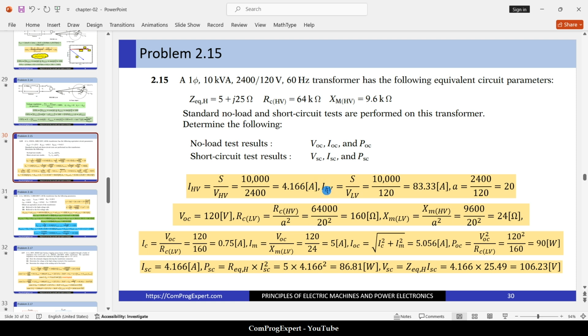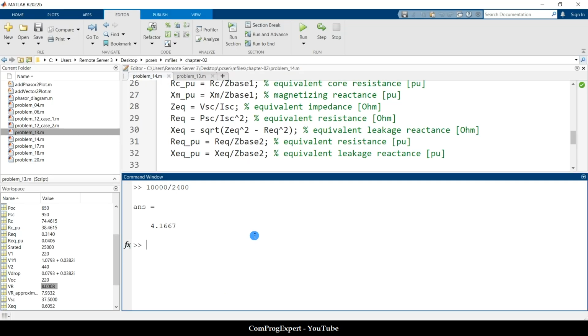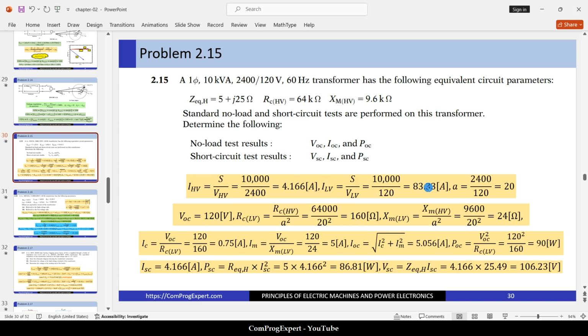The current of the low voltage side is S divided by the voltage of the low voltage side, this divided by 120, 83.3 amps. This is the transformer turns ratio.